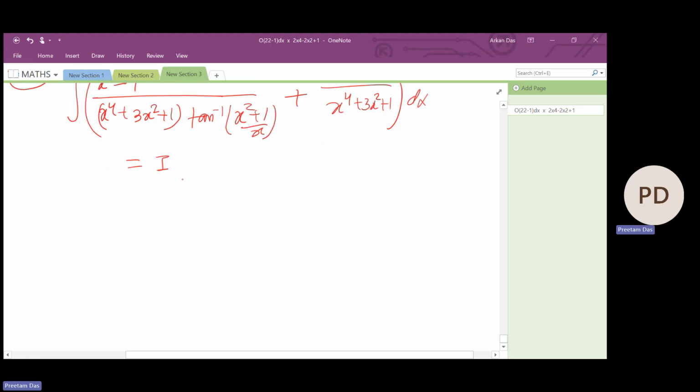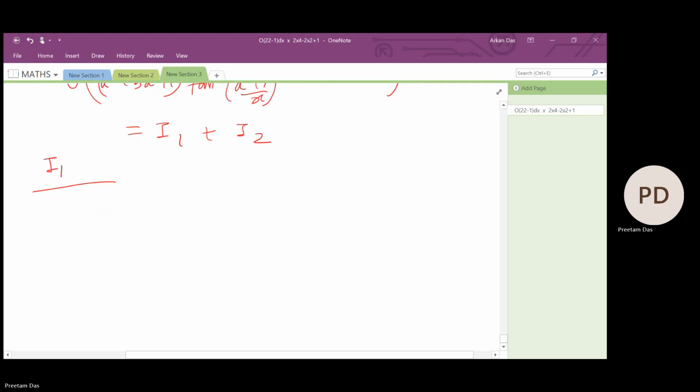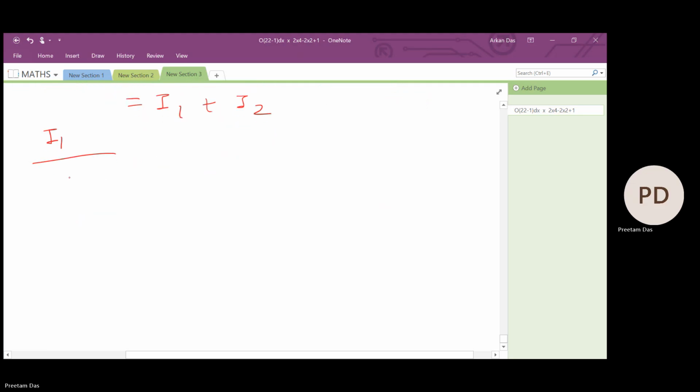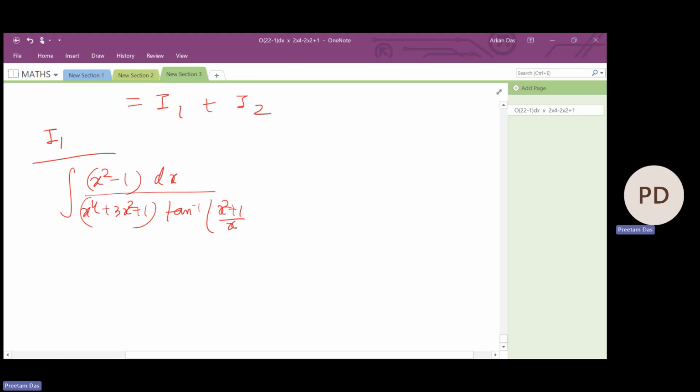This is two separate integrals, I1 plus I2. So what can we write I1 as? Integral of (x square minus 1) dx divided by (x^4 plus 3x square plus 1). This is a very common type of integral asked in JEE. What do you do when you have a tan inverse in the bottom and just two algebraic factors?